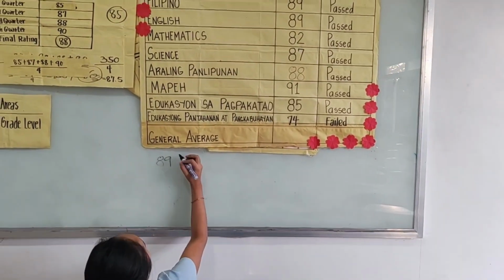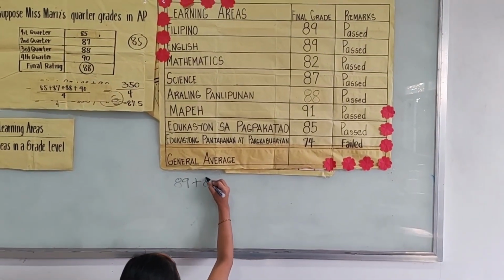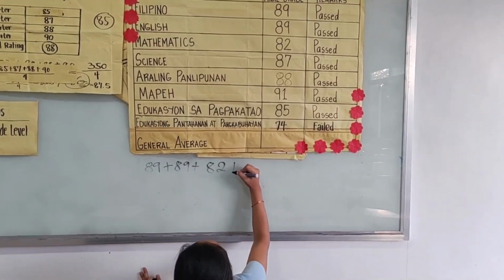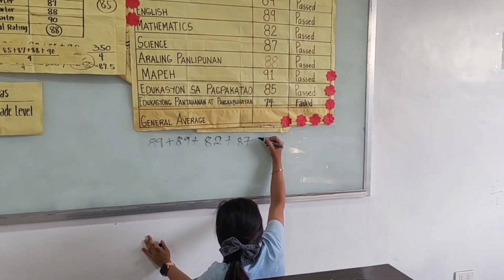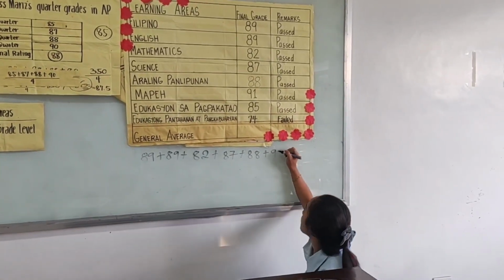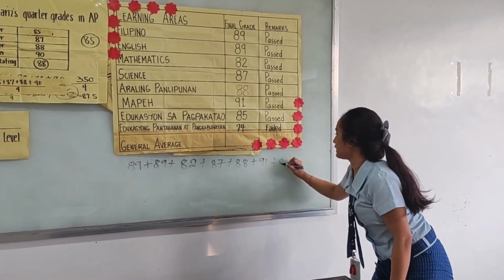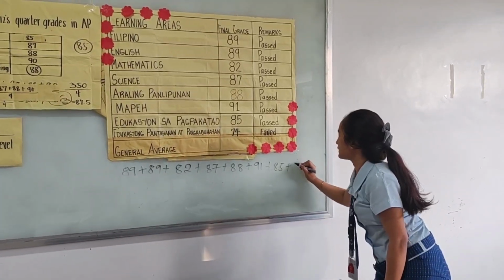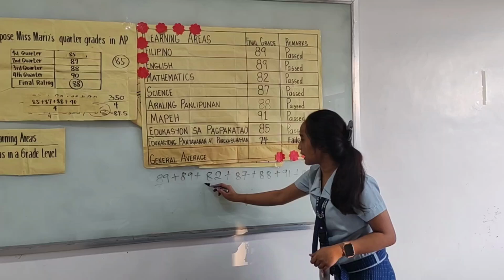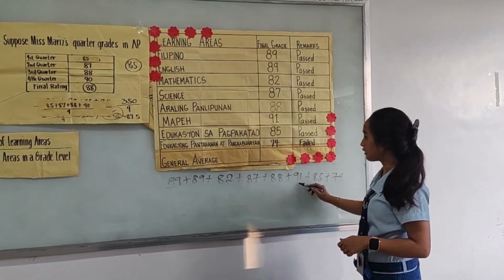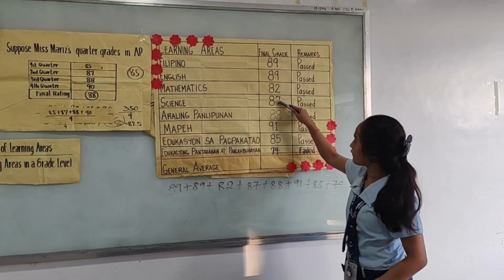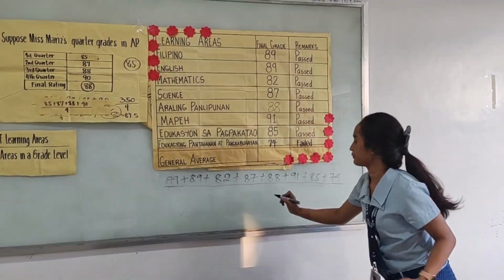89 plus 89 plus 82 plus 87 plus 88 plus 91 plus 85 plus 74, over the total number of learning areas in the grade level, which is 8. 1, 2, 3, 4, 5, 6, 7, and 8.